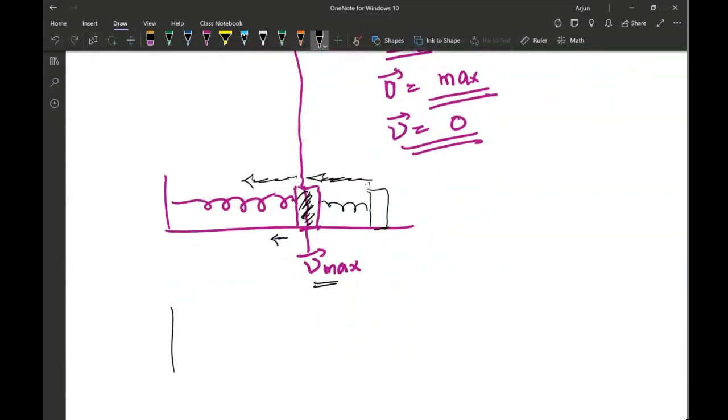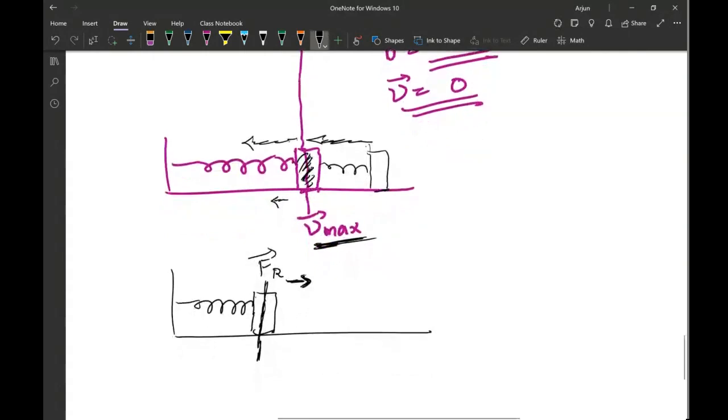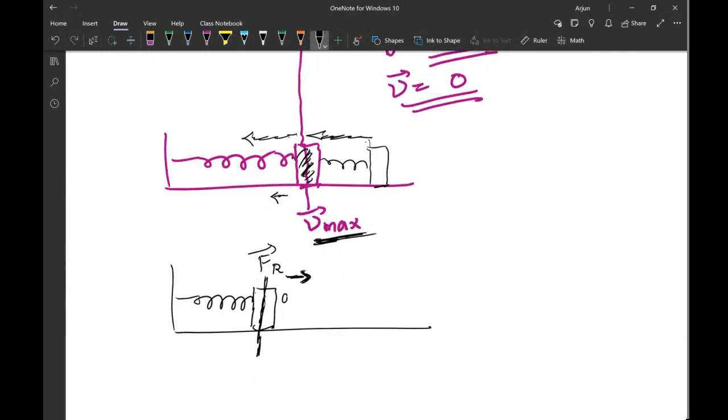And again, what's going to happen? All the velocity will again get converted into the spring force. So it will look something like this at this point. Here there will be restoring force generated, but this time around the restoring force will be in the forward direction, and acceleration will also be max.